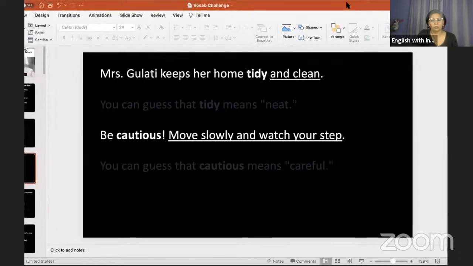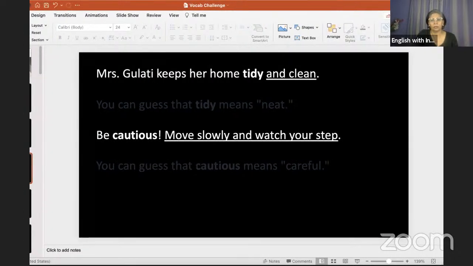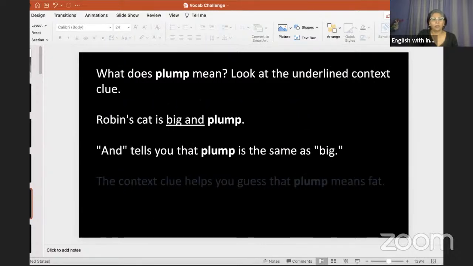And now I am going to go to the next slide. Now, what does plump mean? Look at the underlined context clues. Plump. What does plump mean? Robin's cat is big and plump.